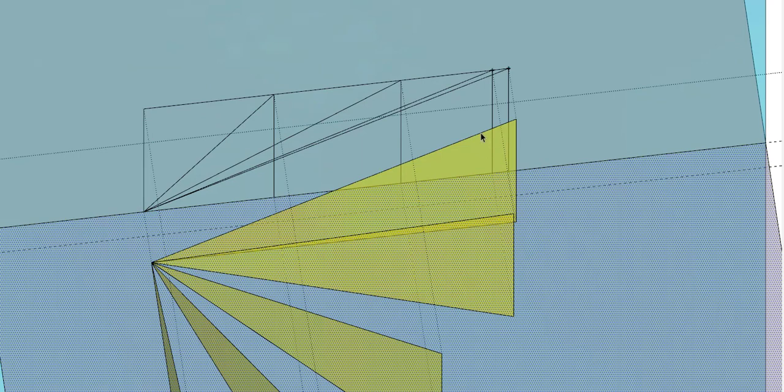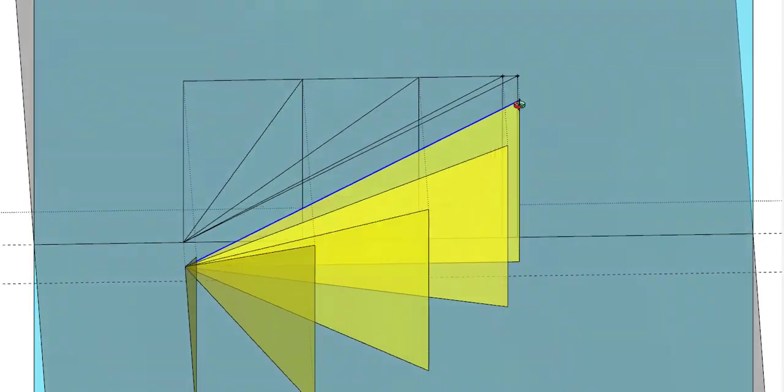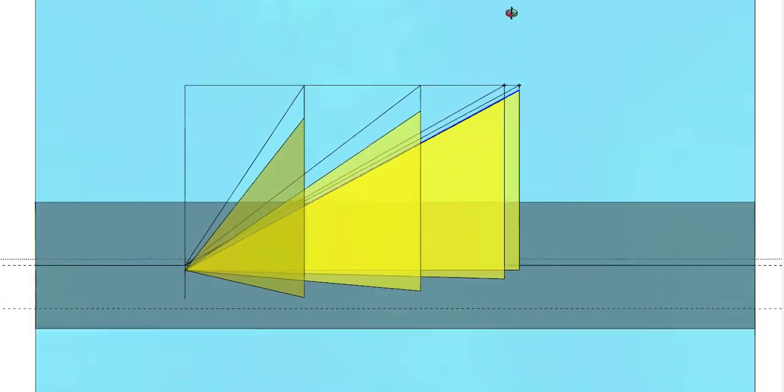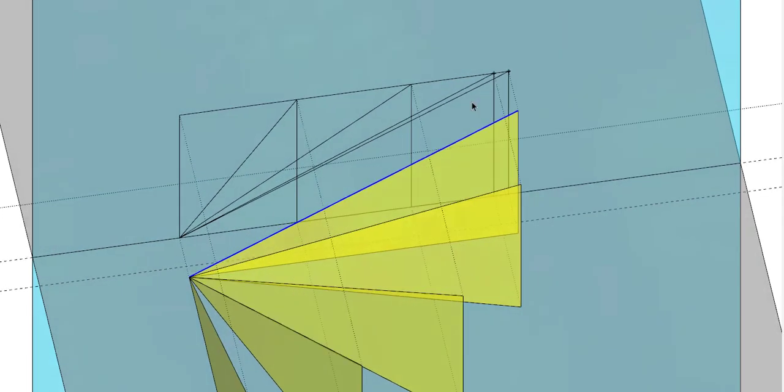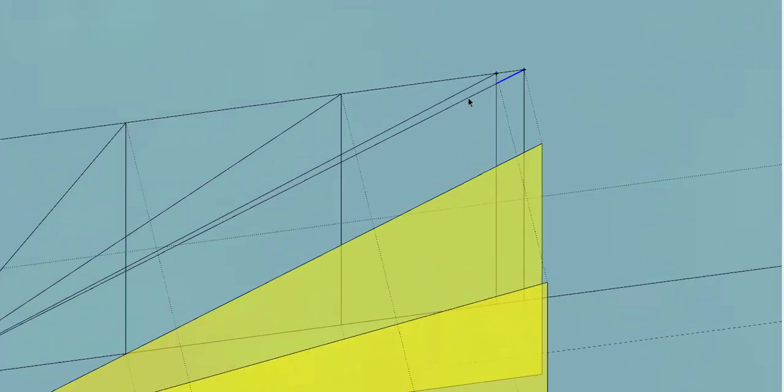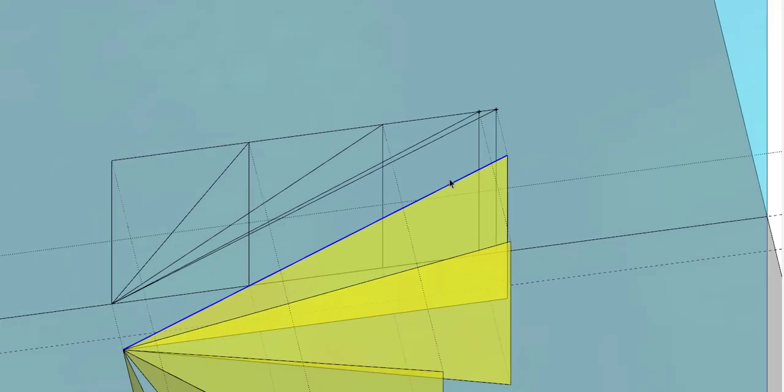For this top edge, I projected it to the vertical plane, meaning I projected it to get the front view. This line is the front view of that top edge of that surface, this highlighted blue line.